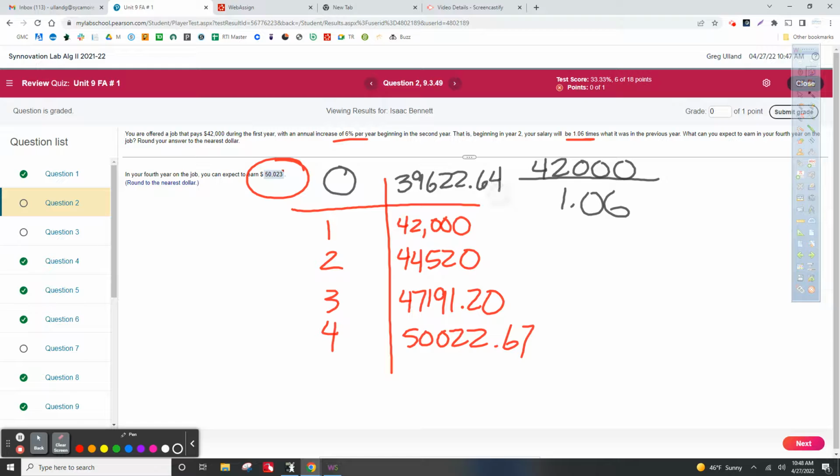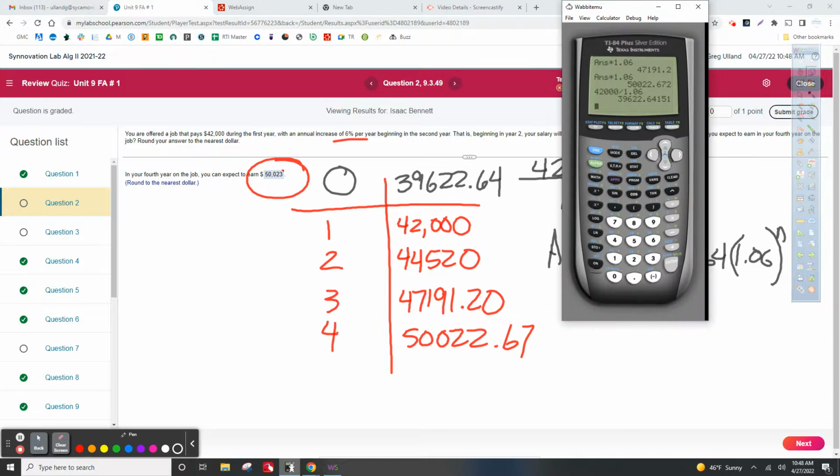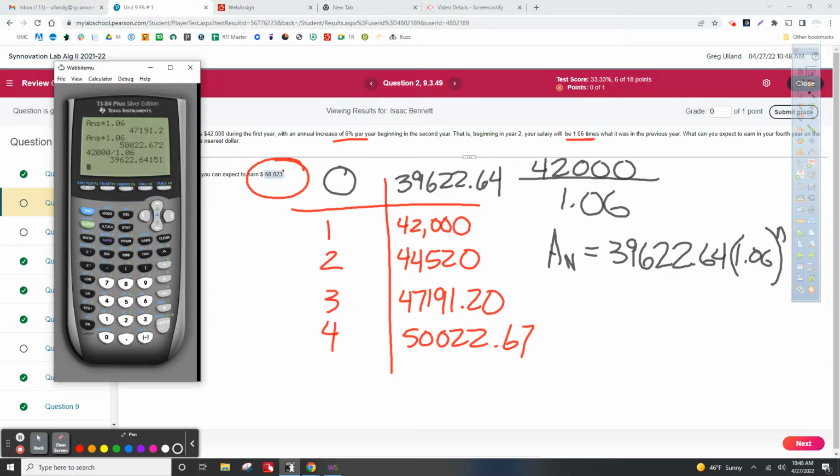Oh, this is going to be weird. When I round, I don't like it. Okay, so what if I wanted to put this in my calculator? A sub n explicit is 39622.64 times 1.06 to the n. There are other ways to do this, but I like to keep things consistent because it's less to memorize.